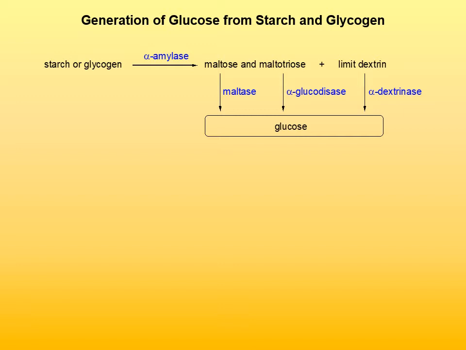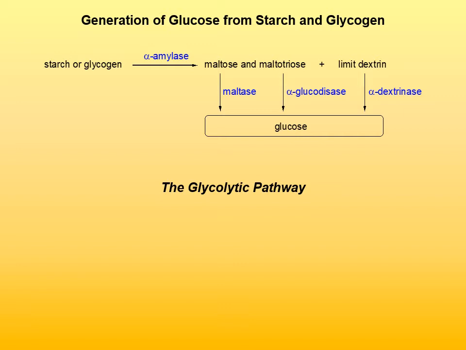Glucose is then further metabolized in a sequence of reactions into 2 molecules of pyruvate and 2 molecules of ATP. And that's the process known as glycolysis. The glycolytic pathway involves 3 stages, and those are 3 stages, not 3 steps.